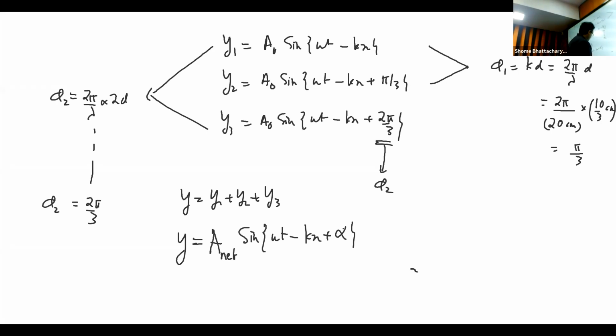This is how the phasor diagram will now look. This is the first wave. In comparison to this, the second one has the same amplitude but is at a phase of 120 degrees. So the second one's amplitude in comparison will look like this.